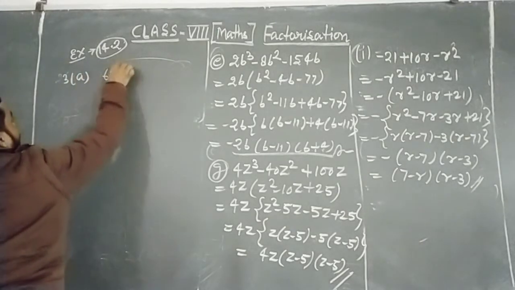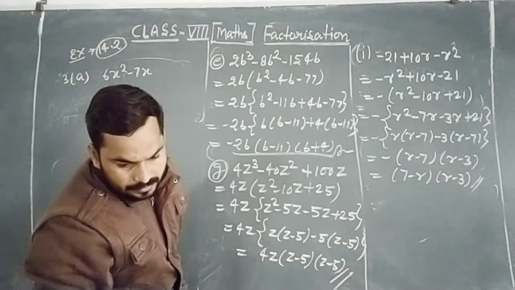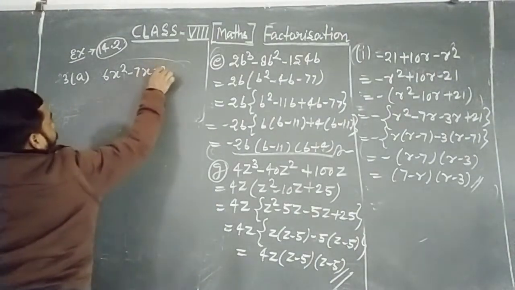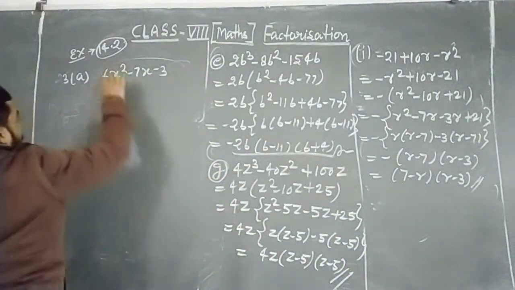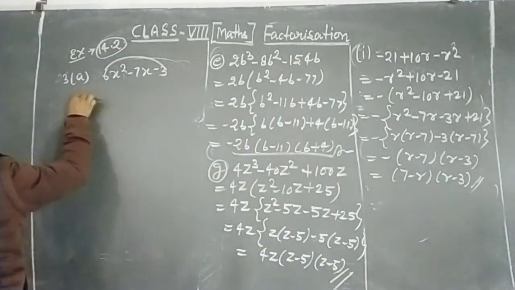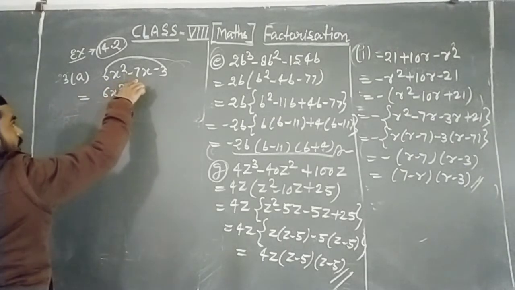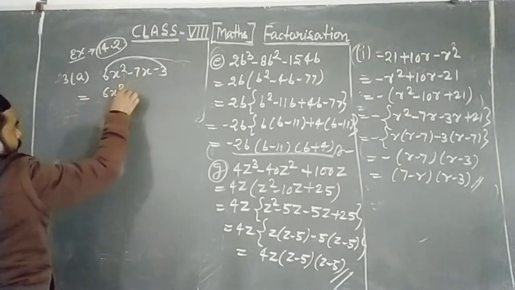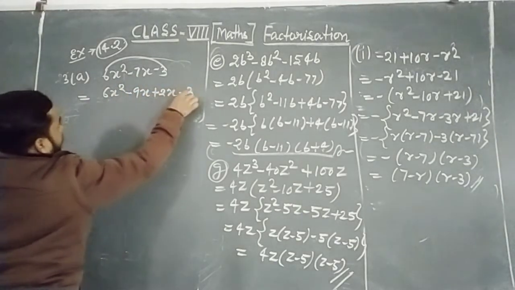In the form of ax square plus bx plus c, multiply here, it is 18. Factors of 18 are 9 and 2, so 6x square minus 9x plus 2x minus 3.